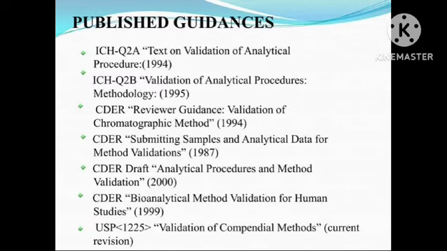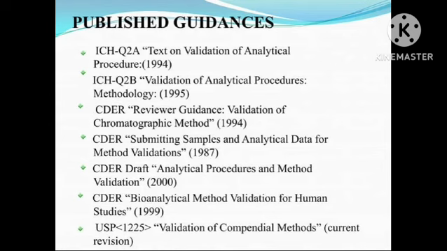The published guidances of analytical method validation are like this: ICH-Q2A text on validation of analytical procedure in 1994, ICH-Q2B validation of analytical procedure methodology in 1995, CDER reviewer guidance. This is reviewer guidance validation of chromatographic method in 1994.